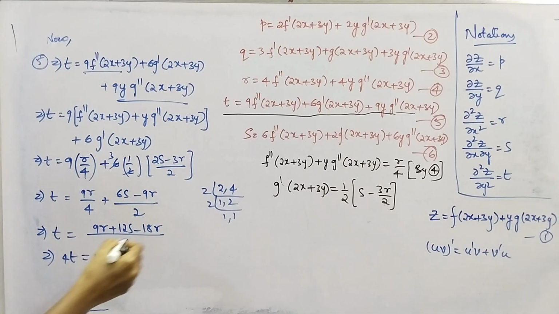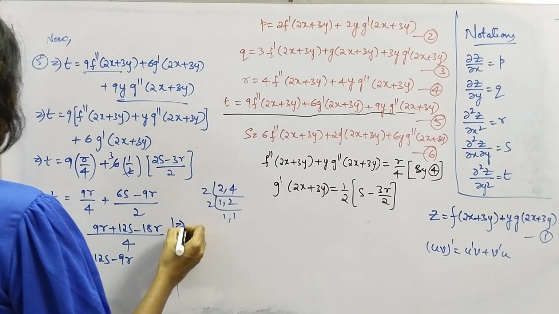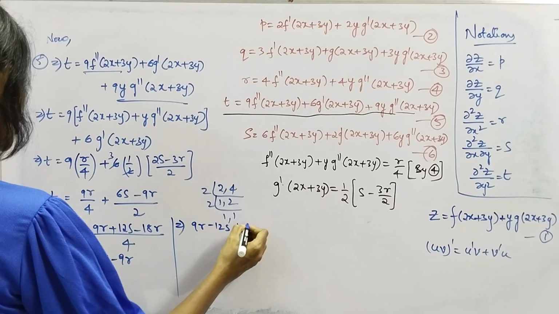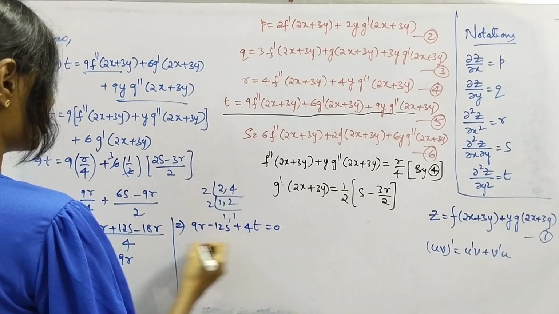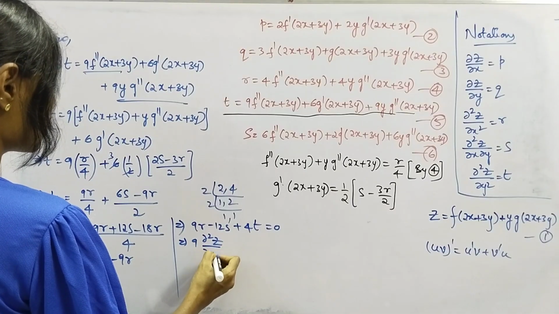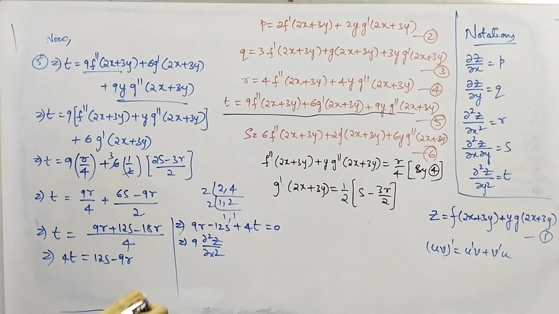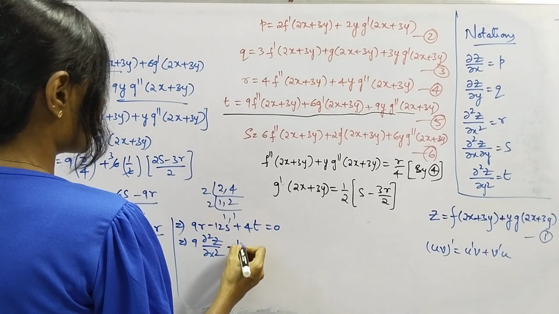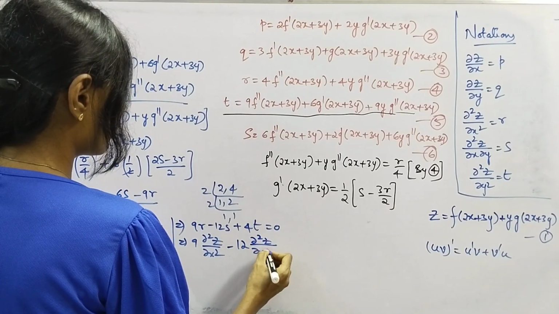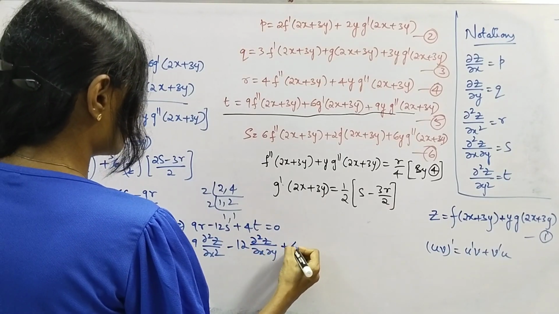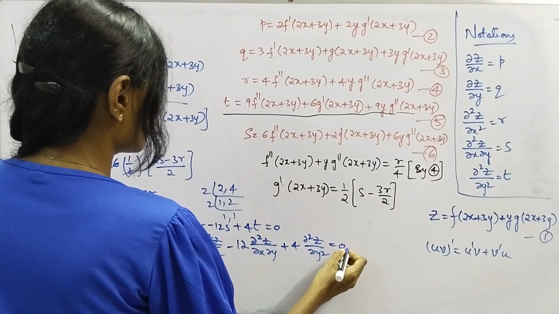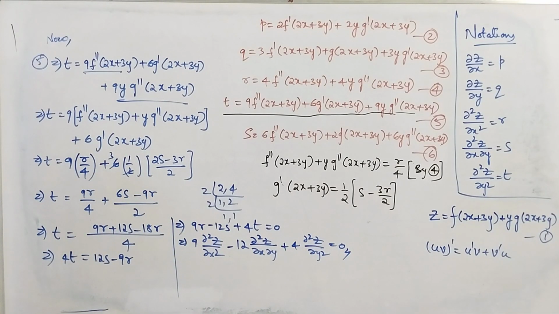You can just write this as 9r minus 12s plus 4t equal to 0, or 9 into dou square z by dou x square, since r is nothing but dou square z by dou x square, minus 12 into s, which is nothing but dou square z by dou x dou y, plus 4 into dou square z by dou y square equal to 0, which is the required solution.